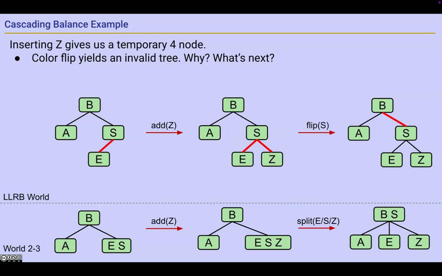B. What happens then? I can't have a red right link, right? So our rule says we rotate left. We're going to rotate left the thing that's at the top of the red link, I guess we could say that. So B is going to come down to the left, S comes up.